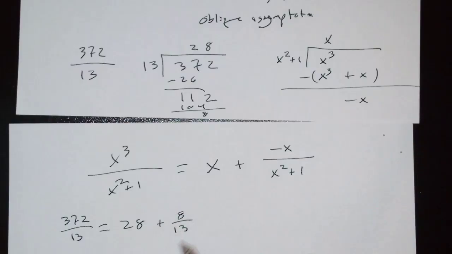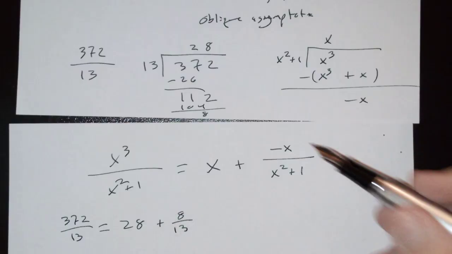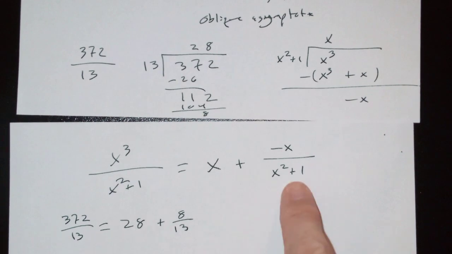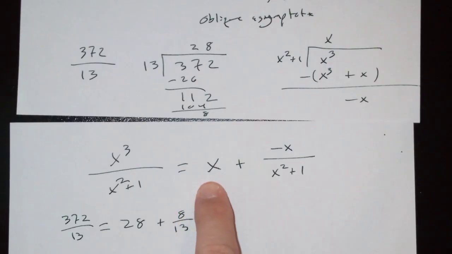The remainder gets turned into a fraction. This is why I know this is an asymptote. Because as x goes off to infinity, this is going to go to 0, isn't it? And that's going to leave me a straight line, y equals x. Son of a bitch.